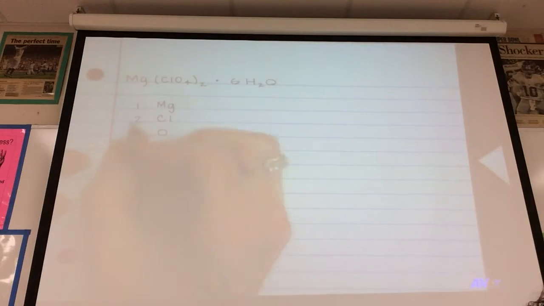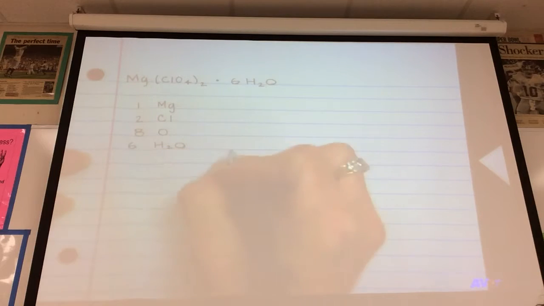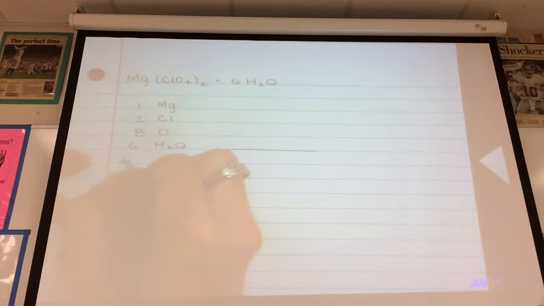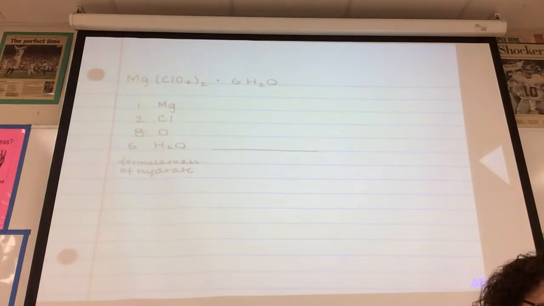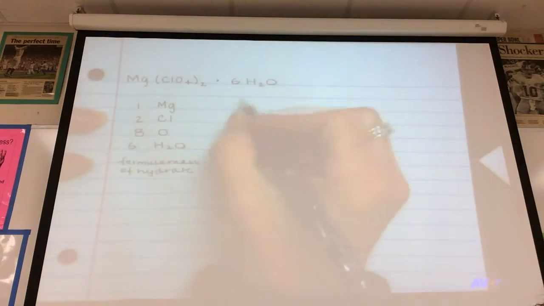You also have 6 water molecules. So the first thing we're going to do is get the formula mass of the hydrate. Again, 6 water molecules inside the crystal lattice structure of magnesium perchlorate.